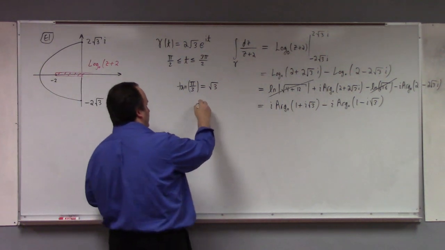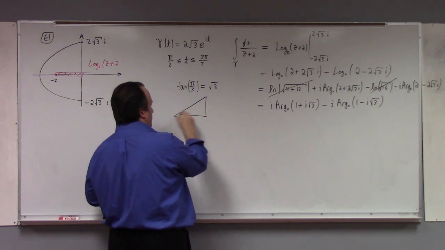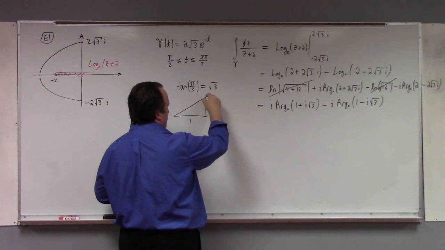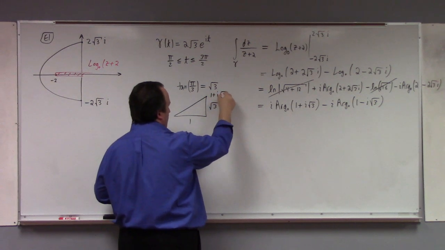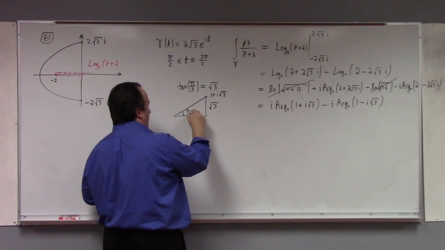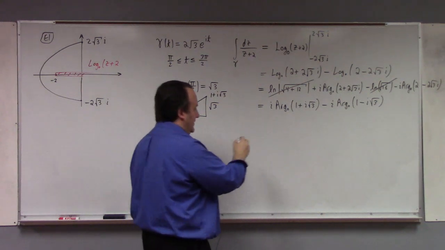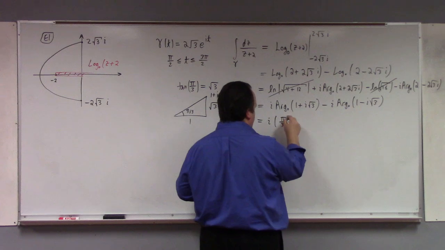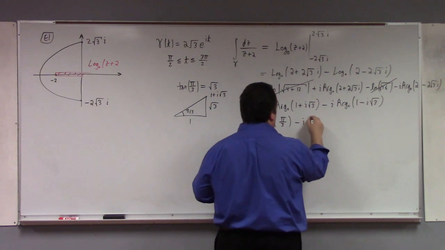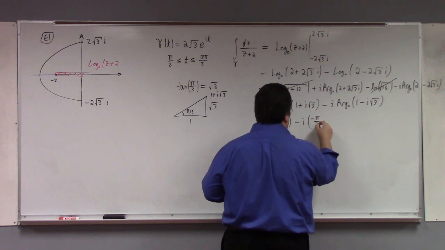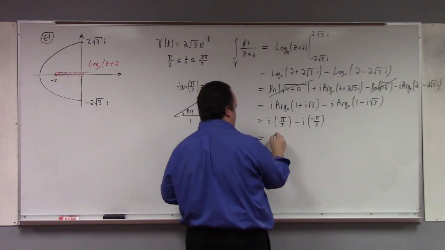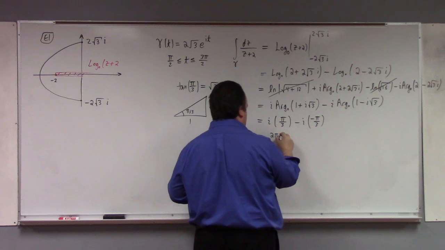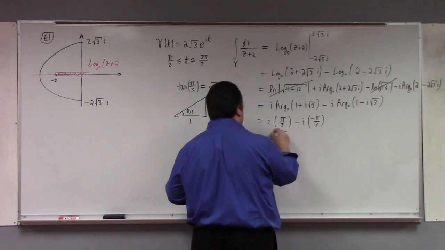If you look at a triangle, root 3, 1, that's this point right here, 1 plus i root 3. So this angle is pi over 3. So we get i times pi over 3 minus i times minus pi over 3. So it works out to what? Looks like 2 pi i divided by 3.